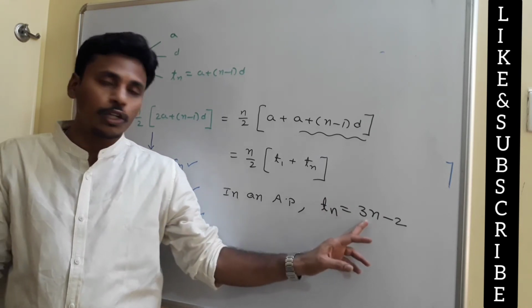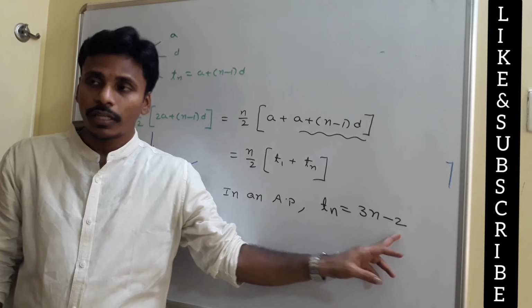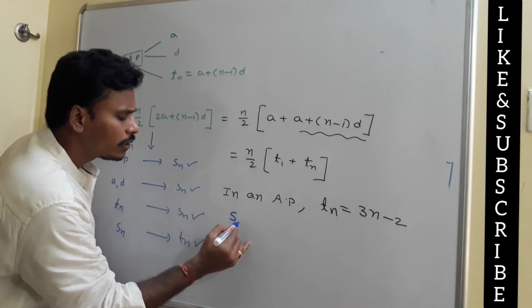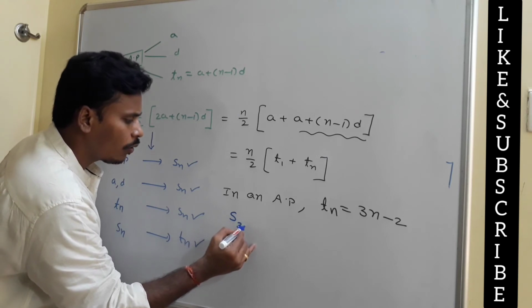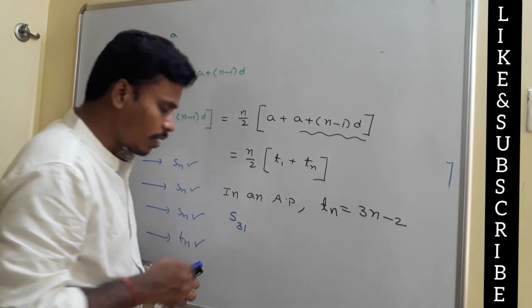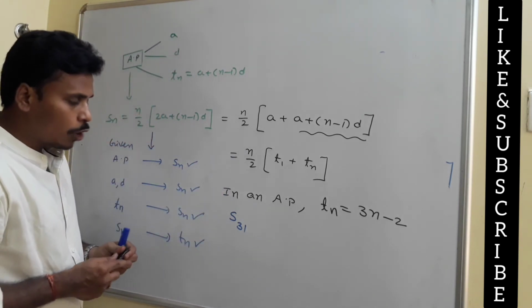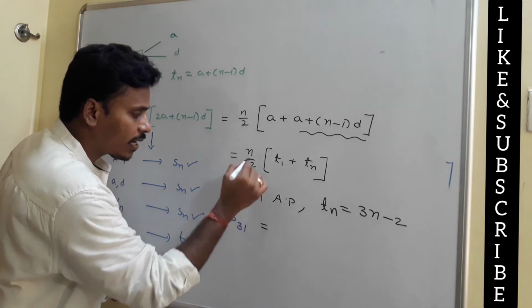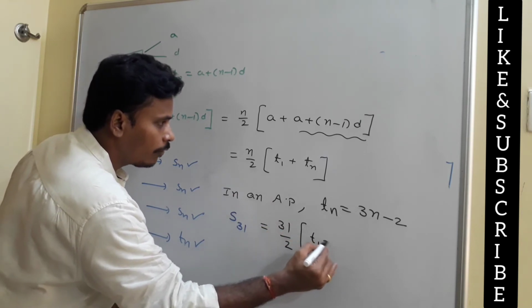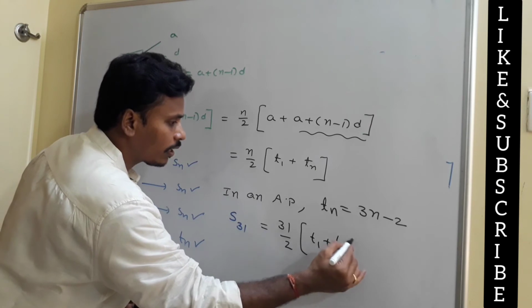So if Tn is equal to 3n minus 2, and they ask you to find S31, the sum of 31 terms of such an arithmetic progression where Tn is 3n minus 2. To find S31, we will write it like this: n by 2, 31 by 2 times the T1 plus T31.